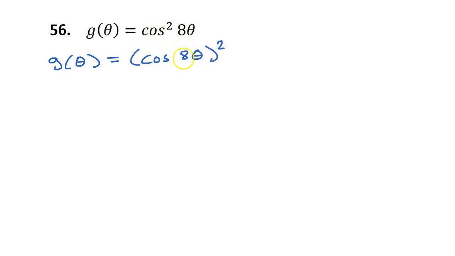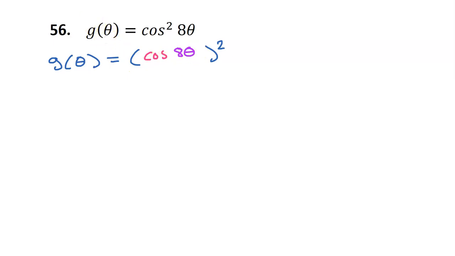So first of all, that's what that means. Now here come the colors. So this squared business is the outer function, and then the next layer in is the cosine, but then inside of the cosine we have that 8 theta.